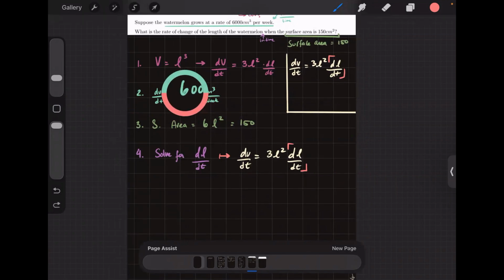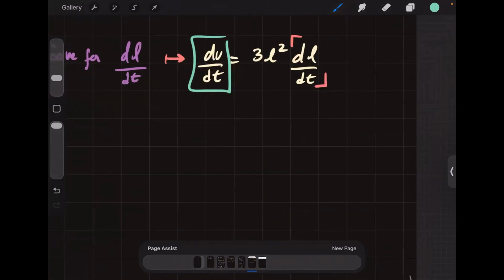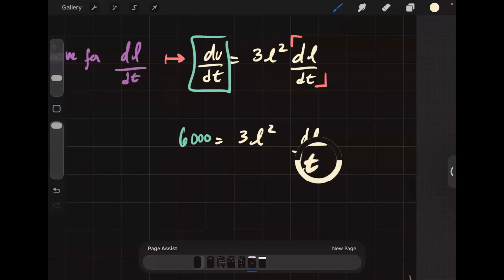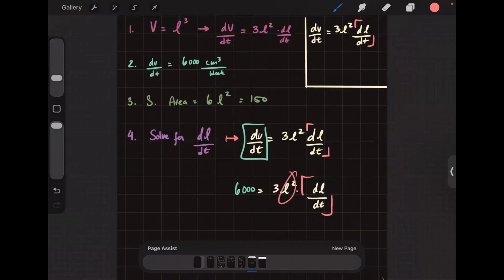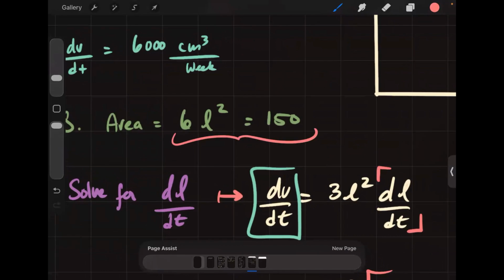We know that dV/dt is 6,000, and that's equal to 3L squared dL/dt. There's multiplication there. What else are we missing? We're missing our L. That's fine, let's solve for L.